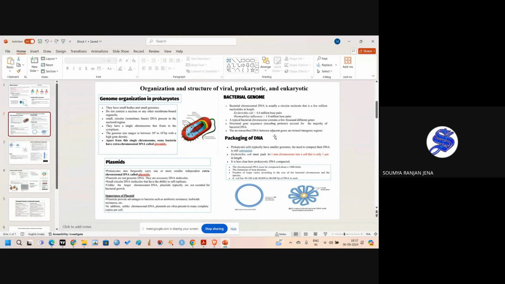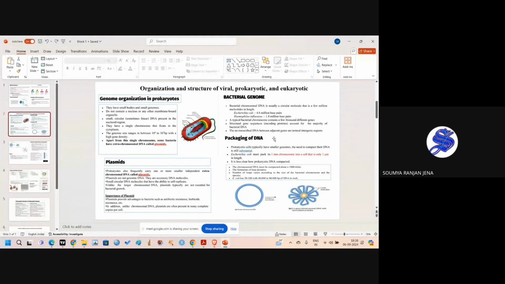The non-transcribed DNA between adjacent genes is termed the intergenic region. We can discuss this intergenic and intragenic regions of DNA further.